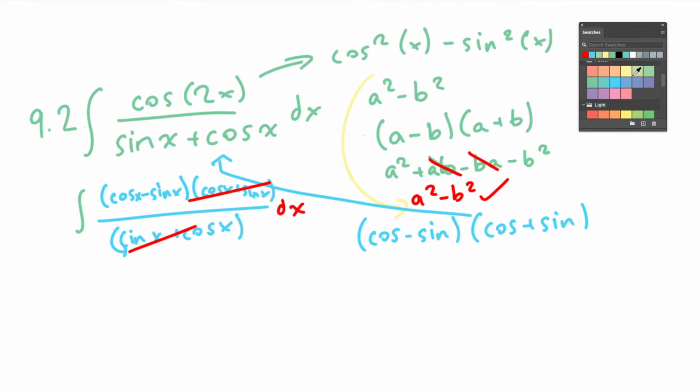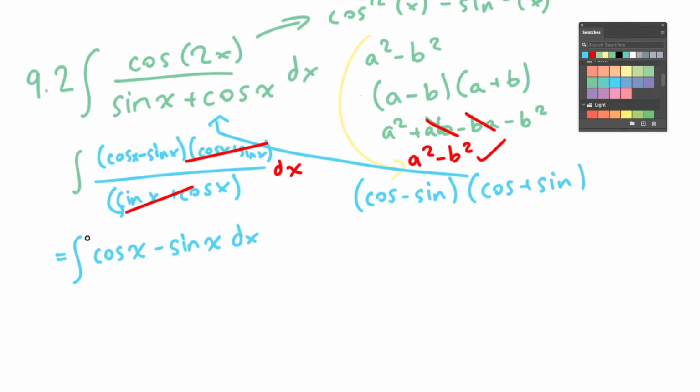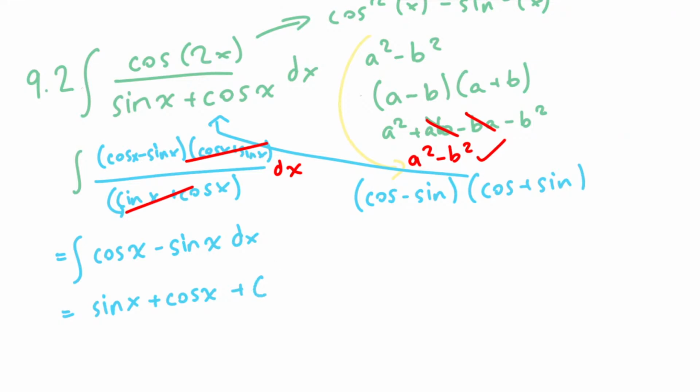And we are left with a happy integral of cosine x minus sine x dx. This is just equal to sine x plus cosine x plus c.